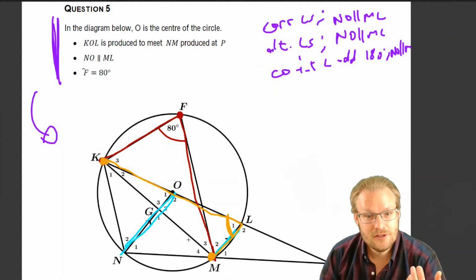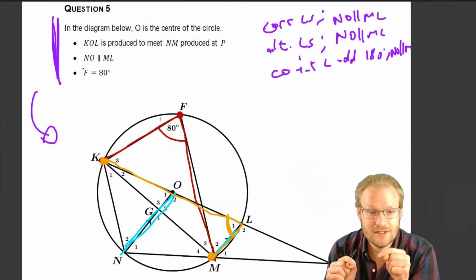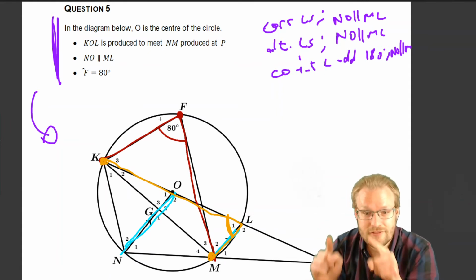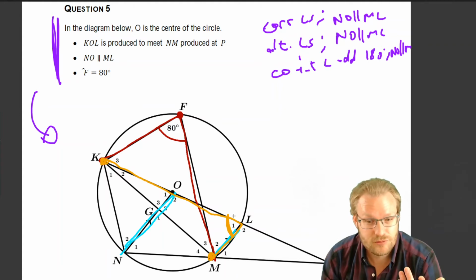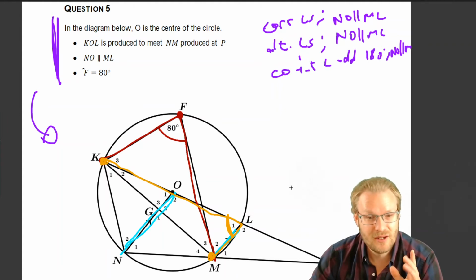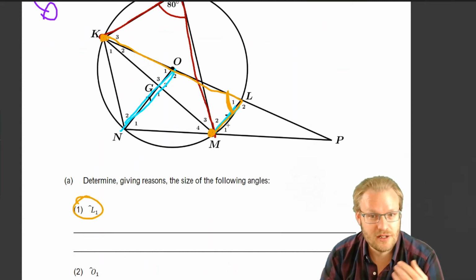No. So that angle must equal the other angle, right? So angle F must equal L1, angles in the same segment. Cool, we've got ourselves into the diagram. Fortunately, that's what the first question asks us: what is L1? Well, we're going to say L1 equals 80 degrees. Reason: angles in the same segment.